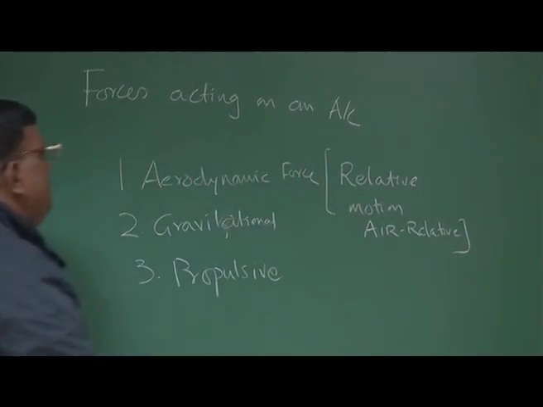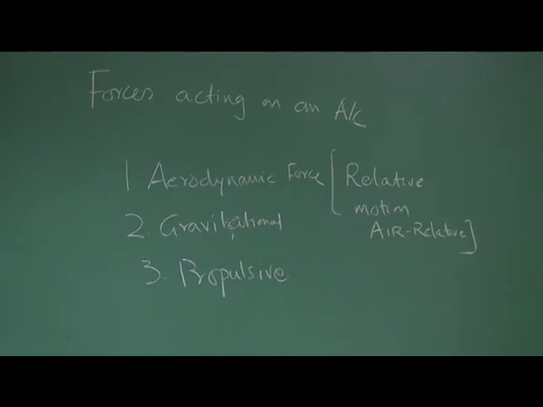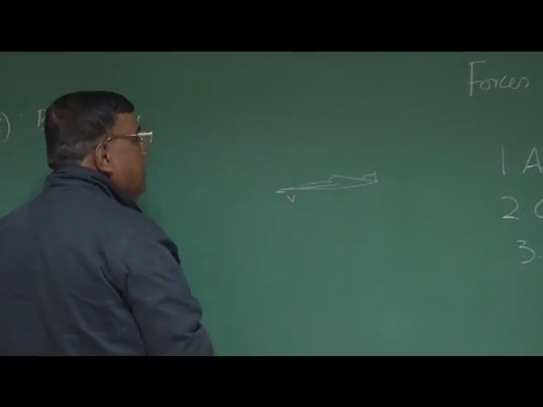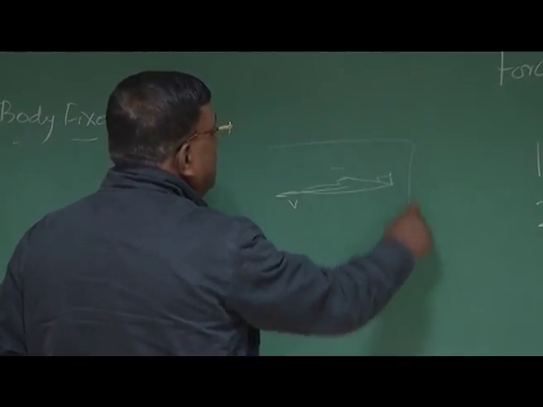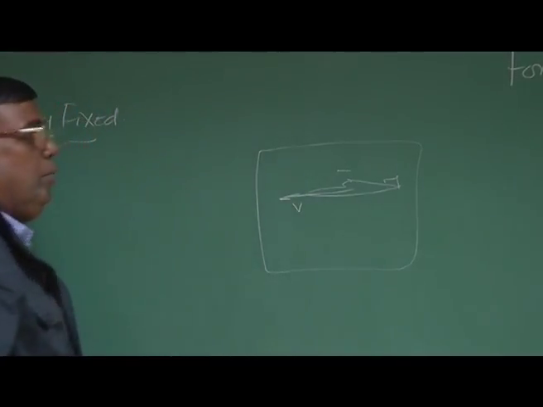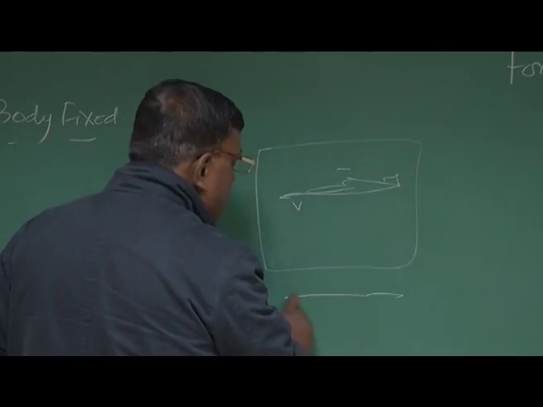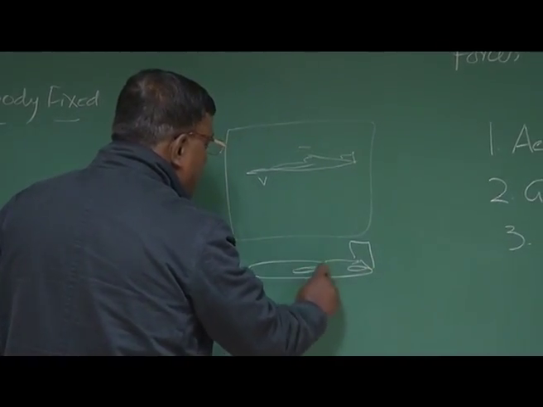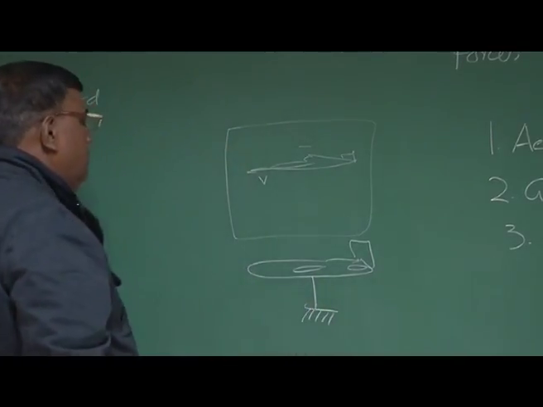Please try to understand this a little more. You all know that if this airplane is moving in air, it will experience lift, it will experience drag because it is in motion and there is atmosphere here. But think of a situation where this aircraft is grounded and towed like this.